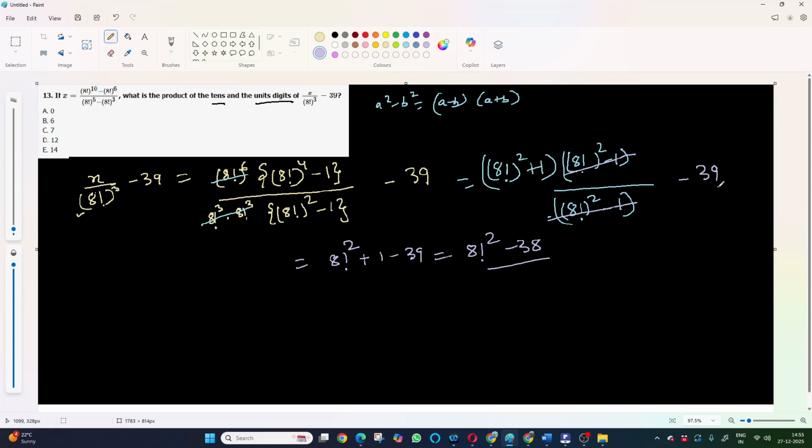All right, now we need to find the units and tens digit of this expression and then take their product. 38 is the easy part. Let's first investigate 8 factorial squared, so let's first look at 8 factorial, since we are looking at units and tens digits. In 8 factorial, we see there is one 5 and multiple 2's.